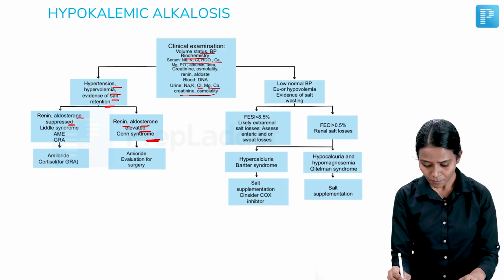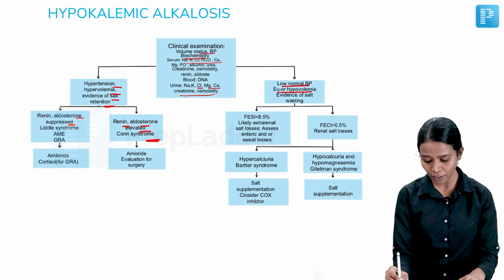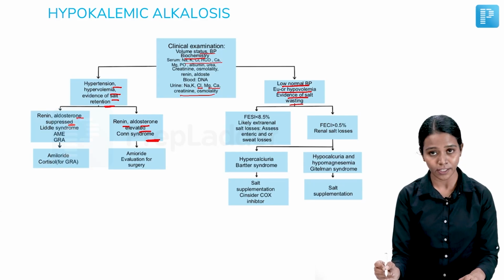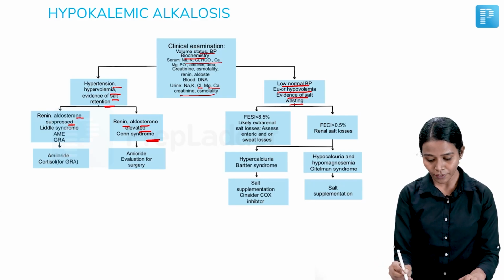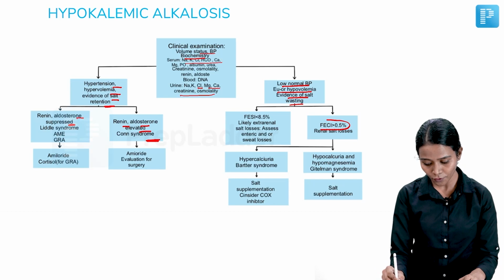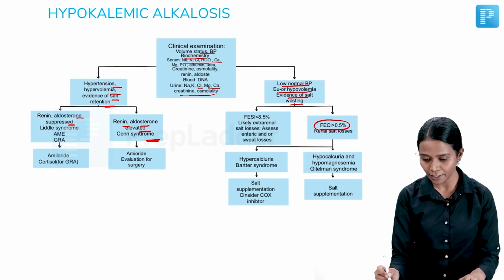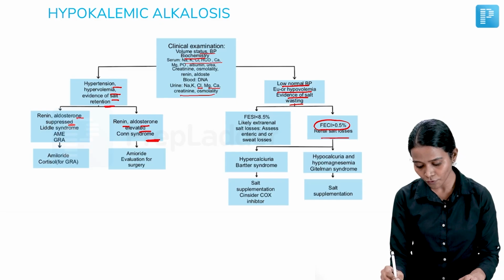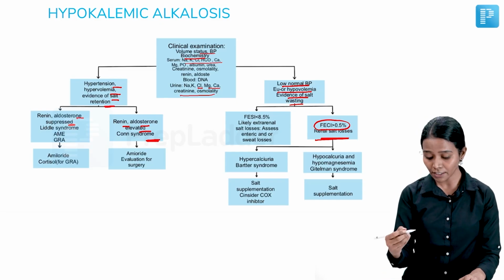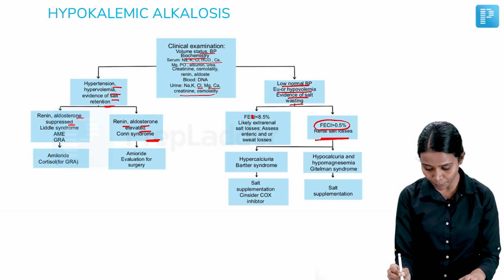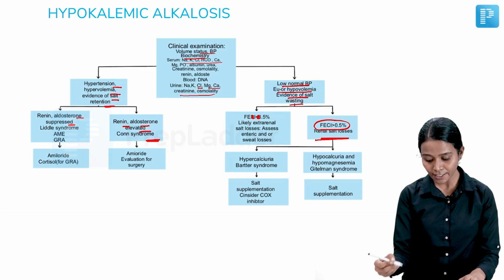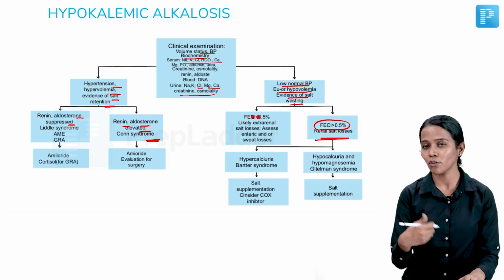Similarly, if it is low normal blood pressure, euvolemia or hypovolemia, and there is evidence of salt wasting, in this situation, we have to see the fractional excretion of chloride. If the fractional excretion of chloride is more than 0.5, then this is because of renal salt loss. If the fractional excretion of chloride is less than 0.5, then it is an extrarenal cause. Look for sweat or look for enteric loss.